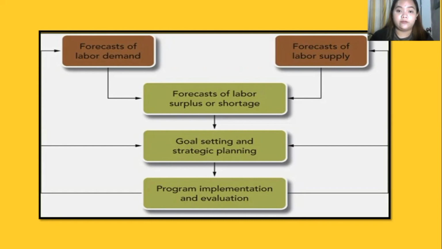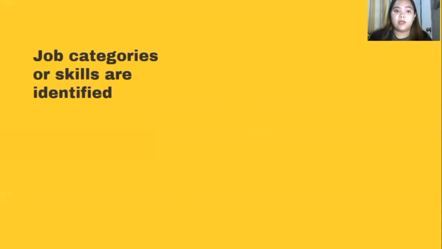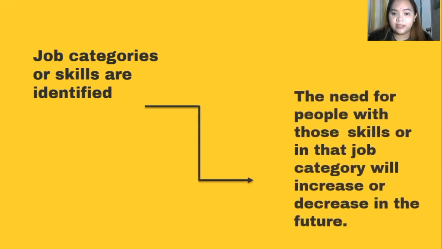So let's start first with determining the labor demand. They determine the labor demand because it is relevant to their organization's current and future states. Once the job categories or skills are identified, you may now predict whether the need for people with those skills or in that job category will increase or decrease in the future.